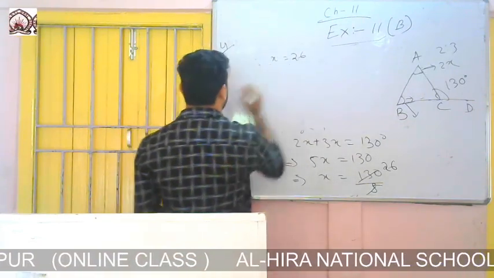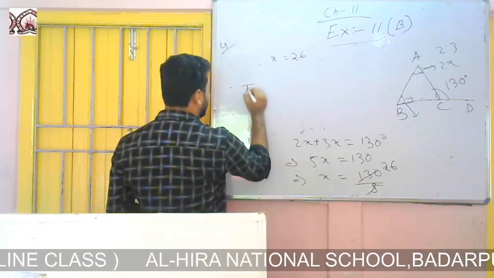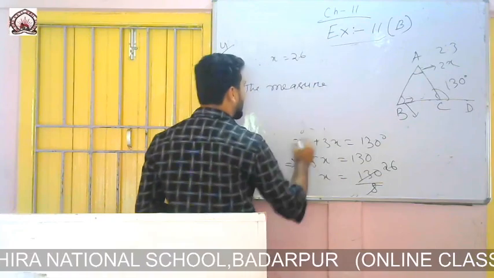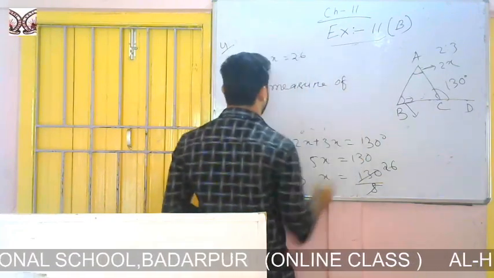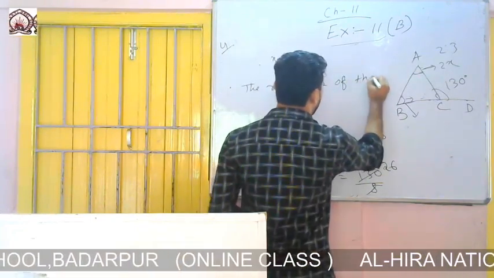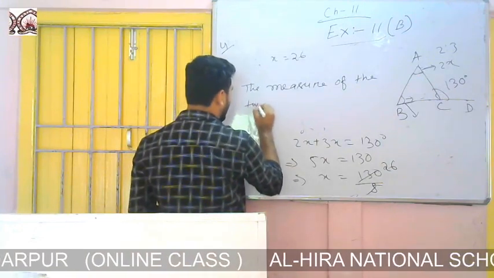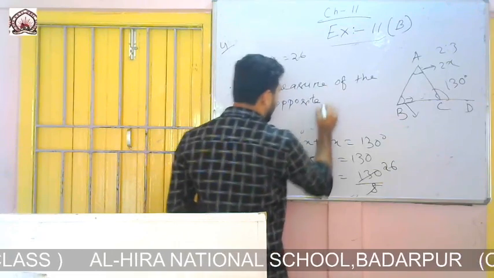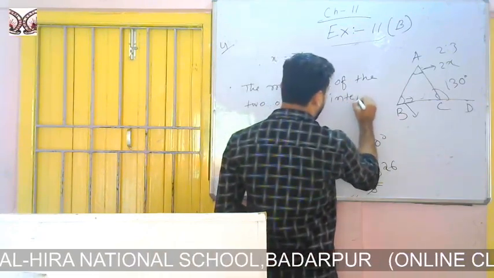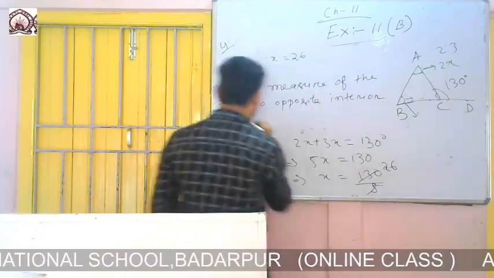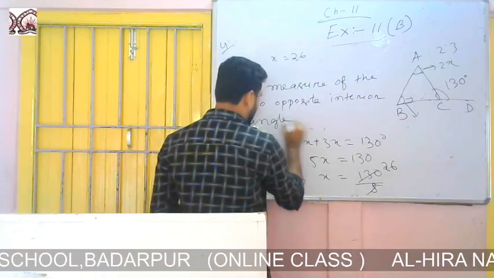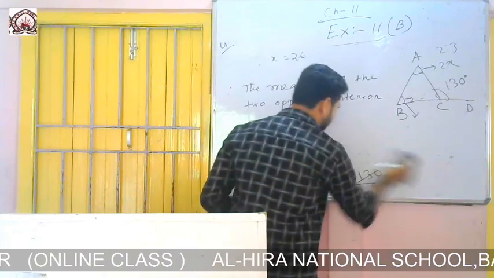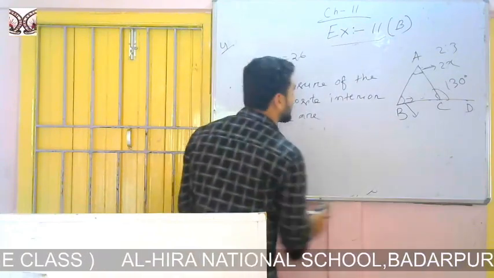Now write, therefore the measure of the two opposite interior angles are what? You can write, we have let it earlier twice x.